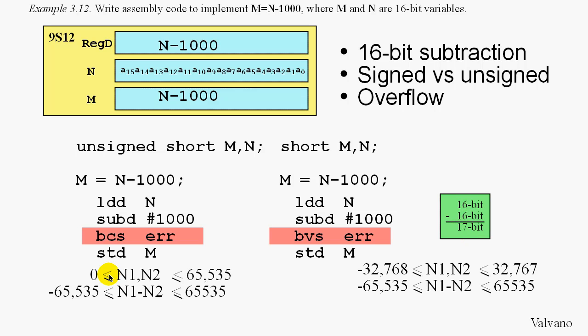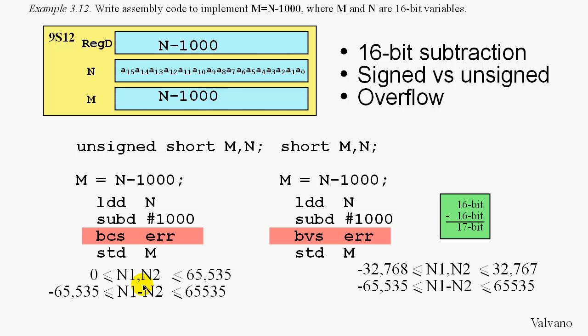And the third objective of this example was to study overflow. We know that if we have a 16-bit number and we subtract another 16-bit number from it, we'll get a 17-bit difference. For example, if n1 and n2 are unsigned numbers, then they exist from 0 to 65,535.